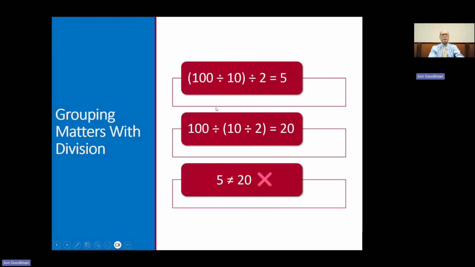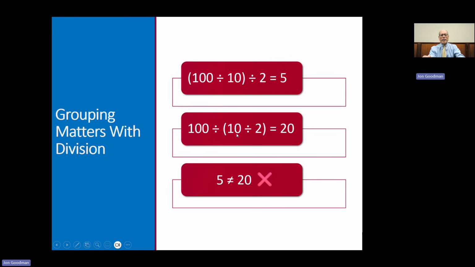Notice in these two calculations, the numbers are the same: 100, 10, and 2. They're written out in the same order, but the way they're grouped matters. If you do this calculation first, 100 divided by 10 is 10, divided by 2 equals 5.